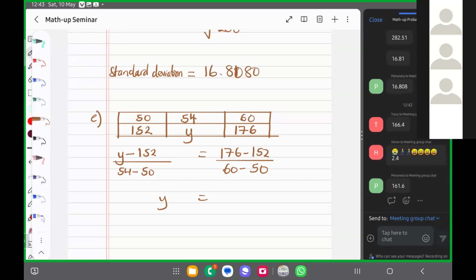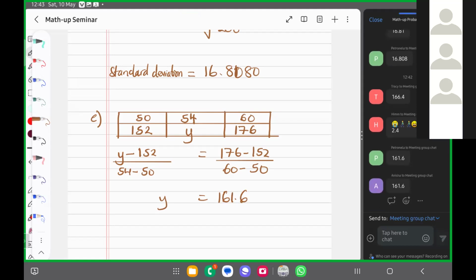I also have 161.6. Okay, since two people have that, we can take that. So 161.6.